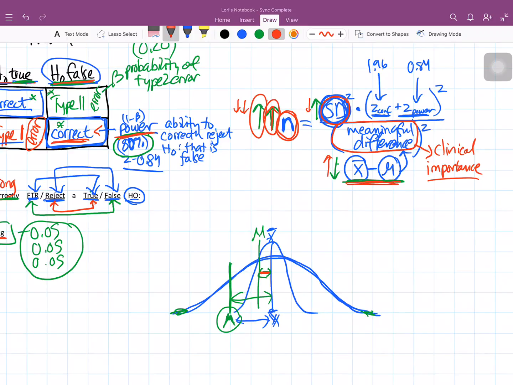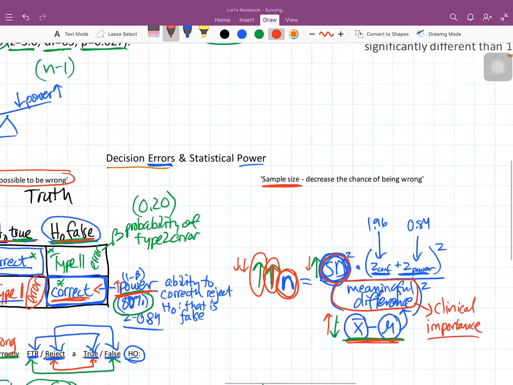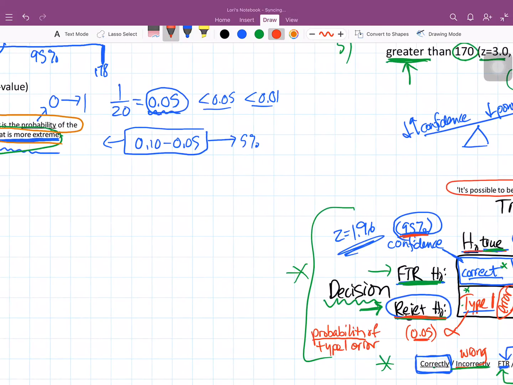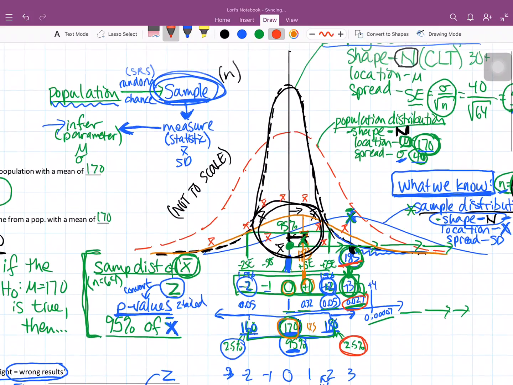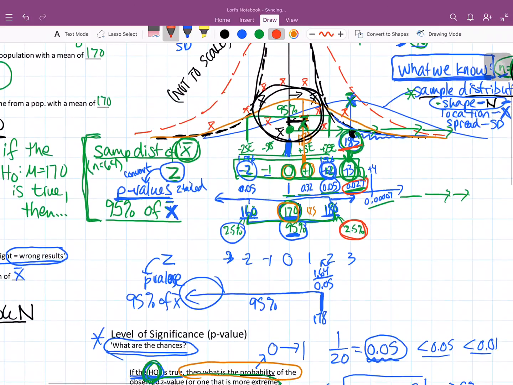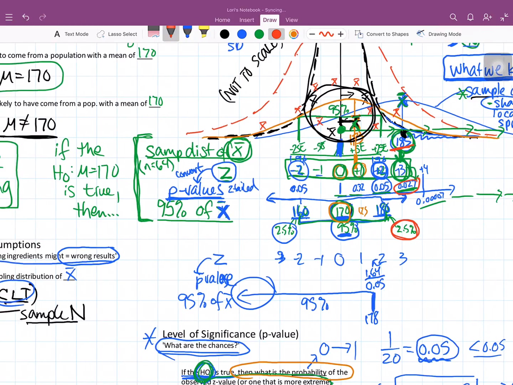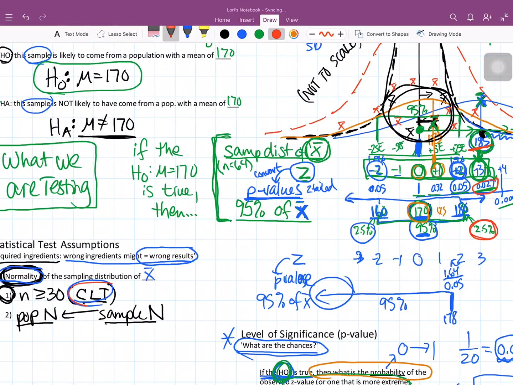But sample size is also related to a bunch of other things. If your sample size goes up, your power goes up. If your sample size goes up, let's go back here to the beginning, here's my sample, then my assumption of normality is met based on the central limit theorem.